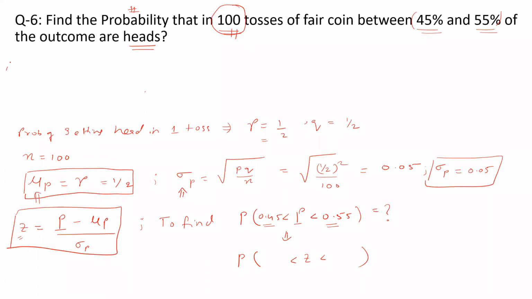So if your capital P is equal to 0.45, let's say, when you substitute 0.45 here, your Z becomes 0.45 minus, what is the mu P value? 1 by 2, which is 0.5, whole divided by sigma P. Sigma P we have calculated as 0.05. So just quickly calculate this portion: 0.45 minus 0.5 divided by 0.05.